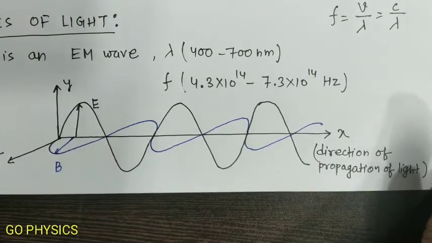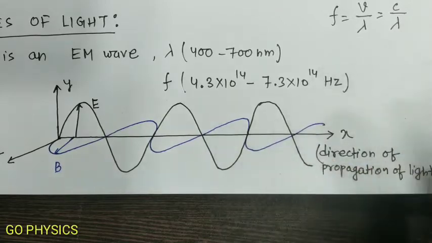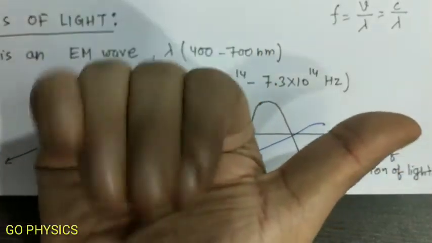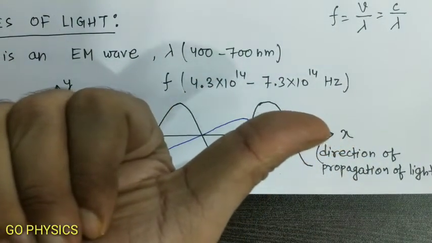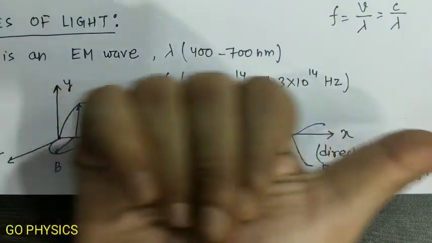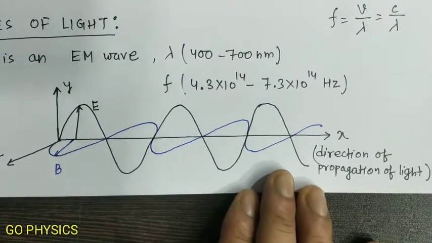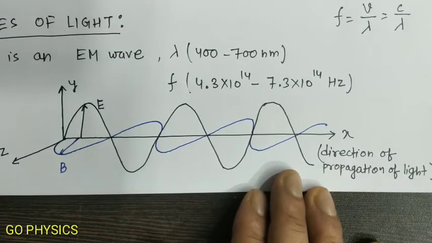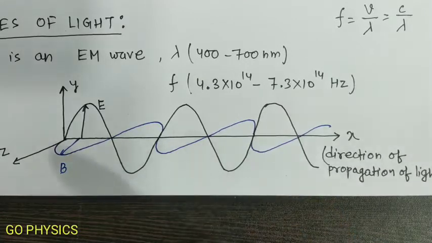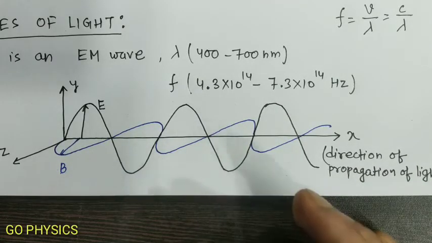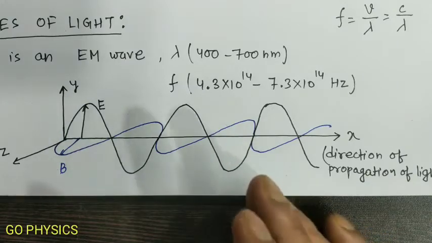If we want to know the direction of propagation of light, it will be in the direction of E cross B, that is, it will move in the direction of the x-axis in this particular case. So light will have all those properties which an electromagnetic wave contains.